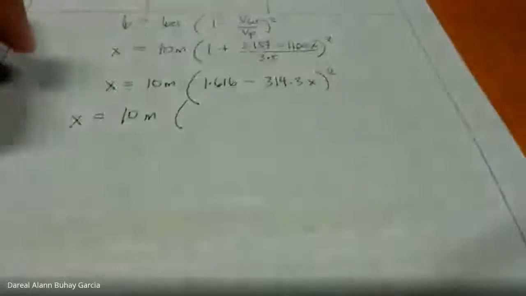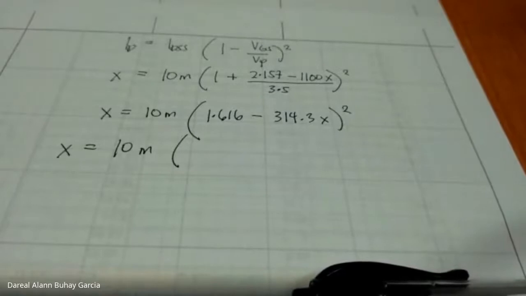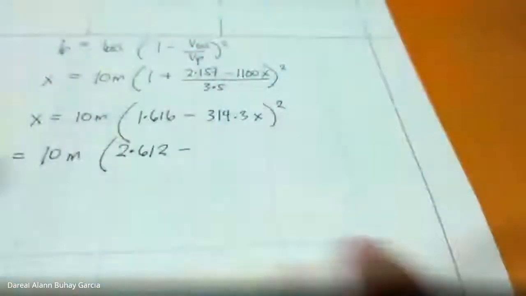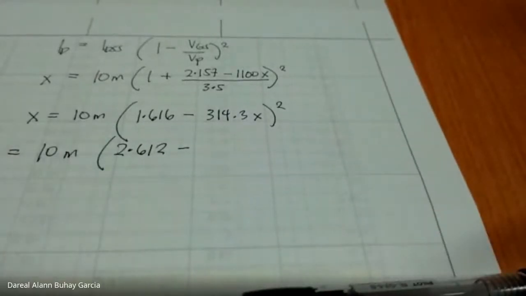Next, expand. 2.612 minus 1.616 times 314.29 times 2, and so on.